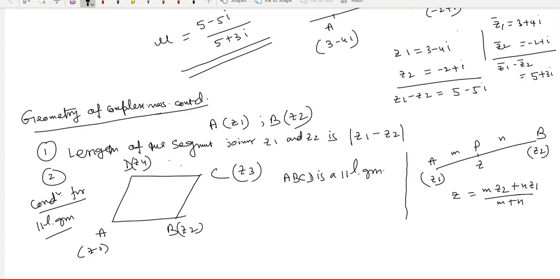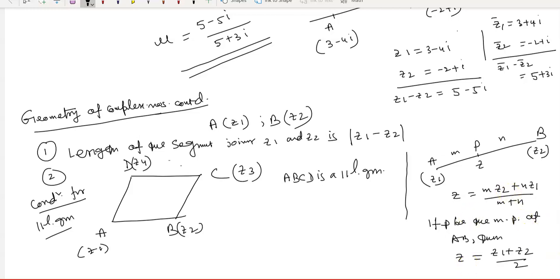Now, if P is the midpoint of AB, this is like coordinate geometry and the proof is very easy, then the coordinate of the point Z is (Z1 plus Z2) by 2.